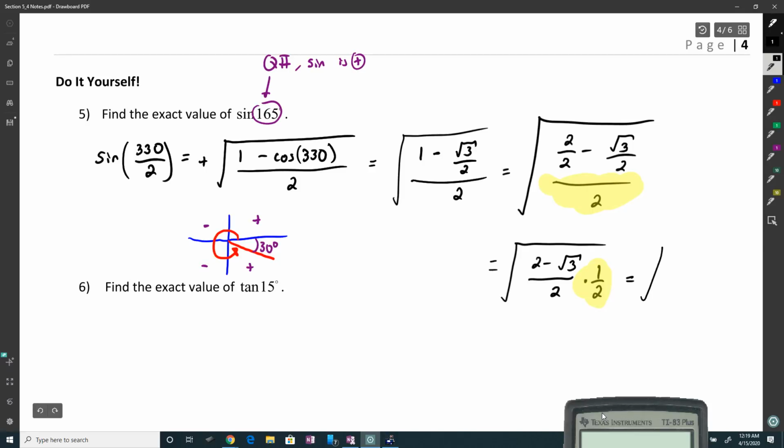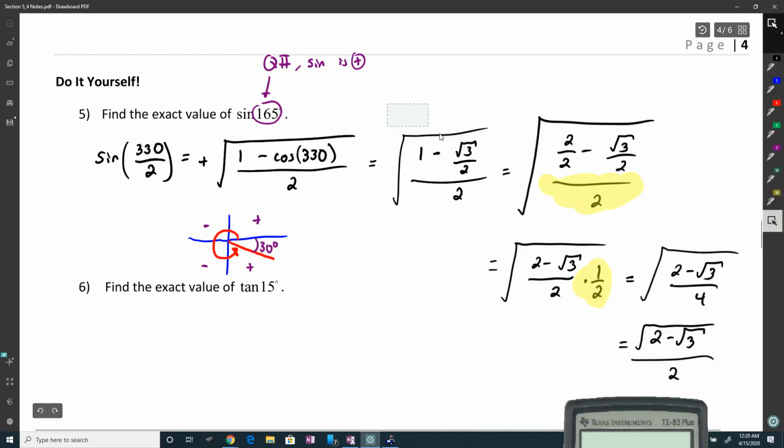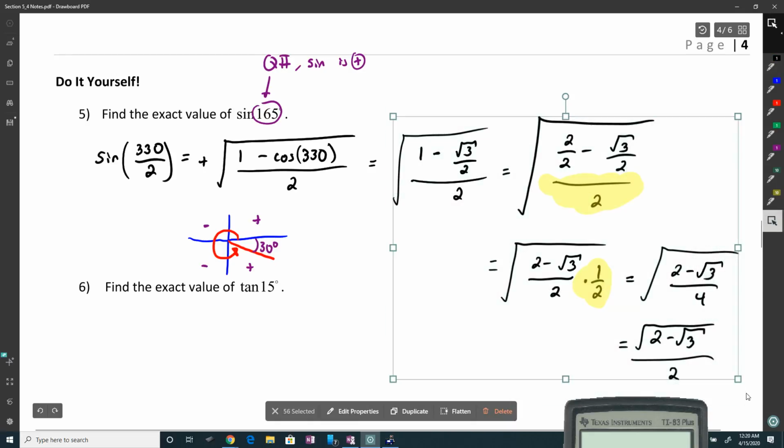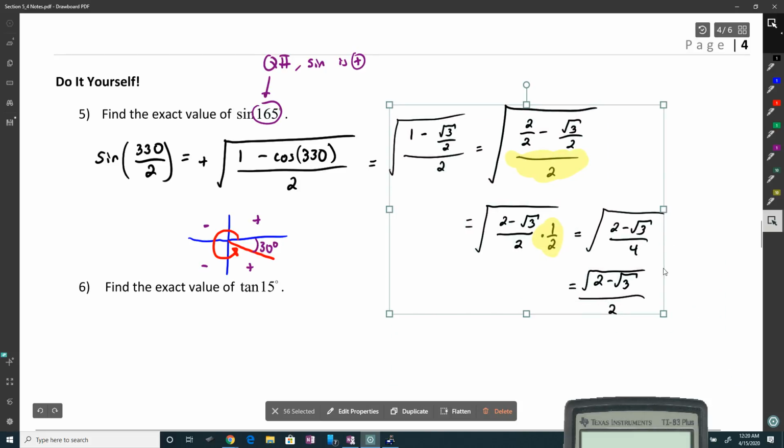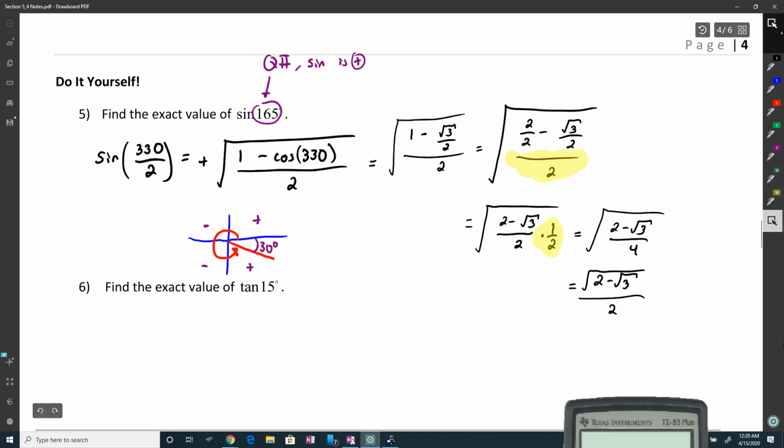So we get 2 minus square root of 3 over 4, but the square root of 4 is 2, so 2 minus square root of 3 over 2. That ends up being your final answer. It's very similar to the one we did before.